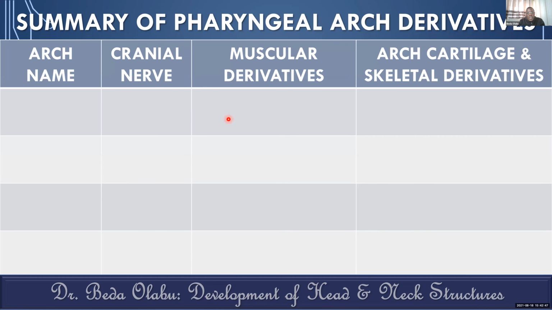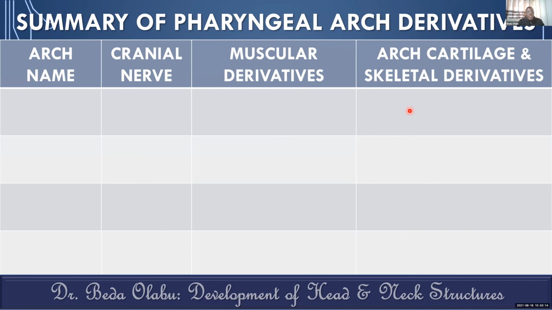We also need to account for the musculature that comes from that particular arch. And we need to account for the skeletal derivatives of each particular arch. And as I told you, we also need to account for the aortic arch artery of each particular pharyngeal arch.